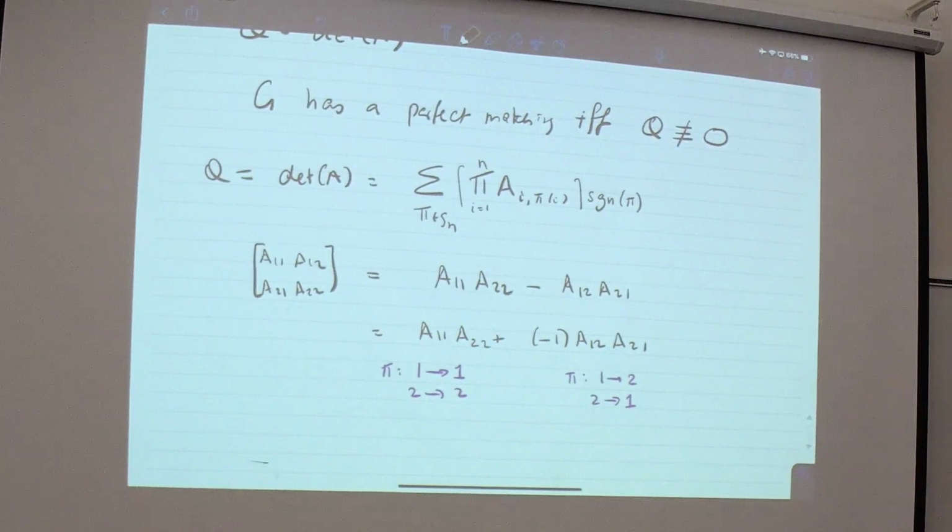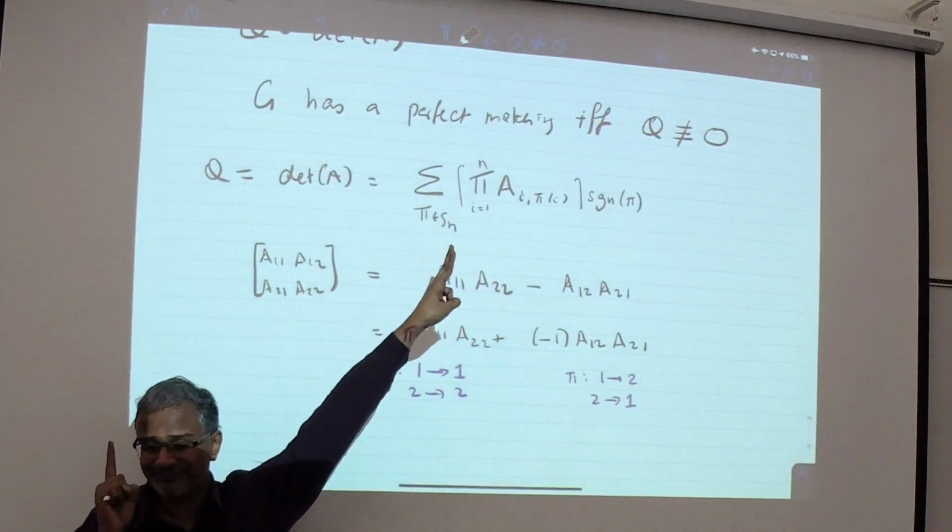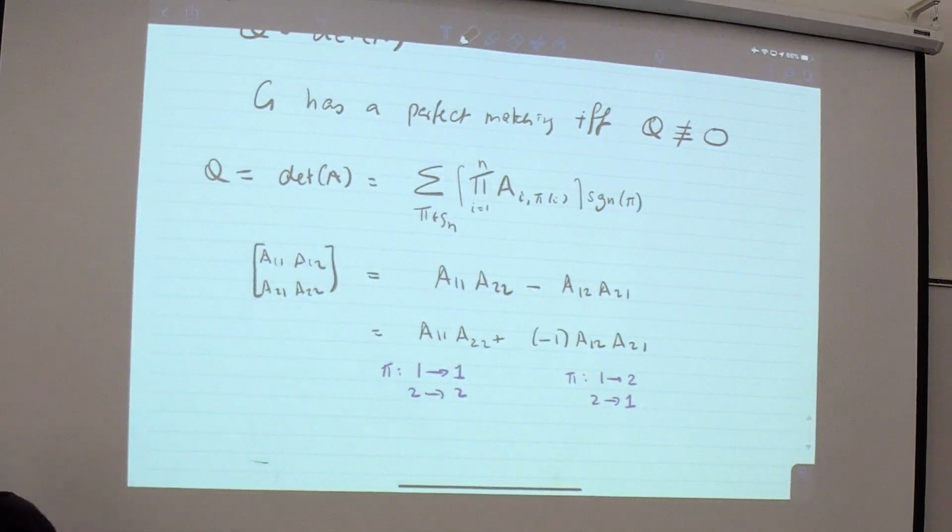If there's a perfect matching in a bipartite graph, you're basically saying that the first element here, U1, goes to V5, U2 goes to V1, and so on. And that has to be a permutation because no two things are going to the same thing. If that's a permutation, then for that particular choice of permutation, all these entries will be 1 because there's actually an edge.